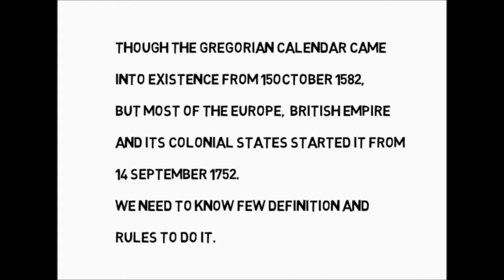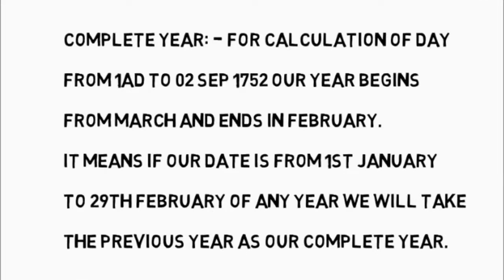Though the Gregorian calendar came into existence from the 15th of October 1582, most of the European countries, the British Empire and colonial states of the British Commonwealth started it from the 14th of September 1752.